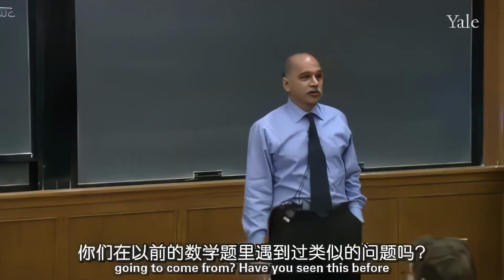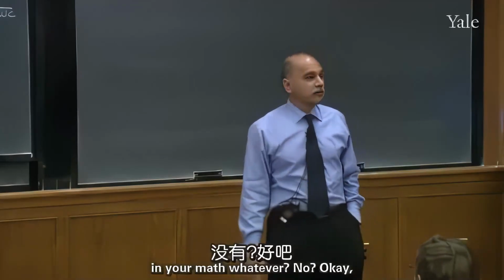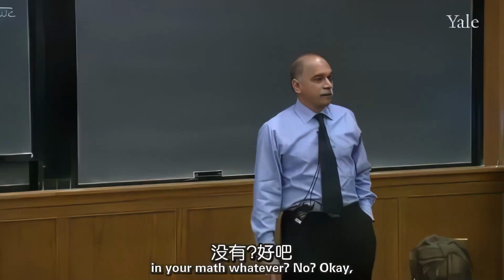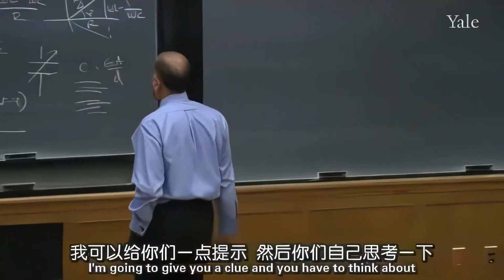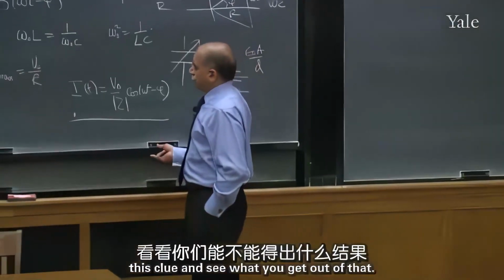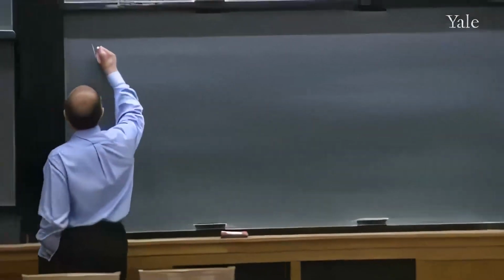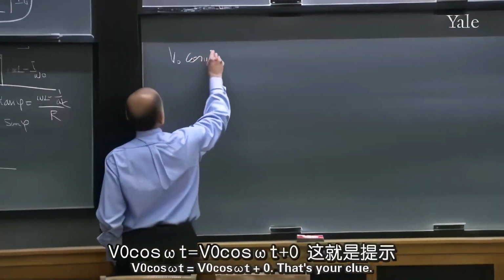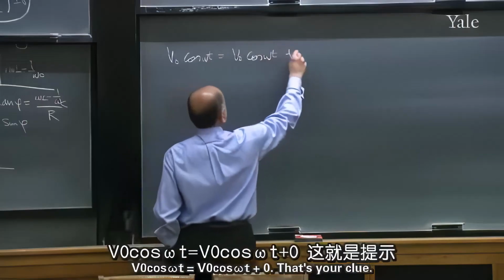Have you seen this before in your math, whatever? No? Okay, here is I'm going to give you a clue. And you have to think about this clue and see what you get out of that. V0 cos omega t equals V0 cos omega t plus 0.